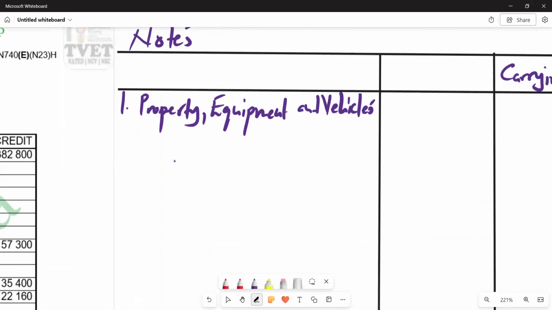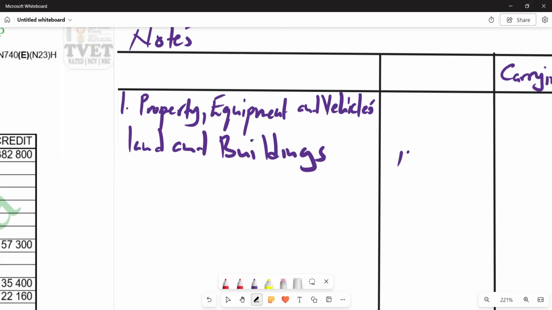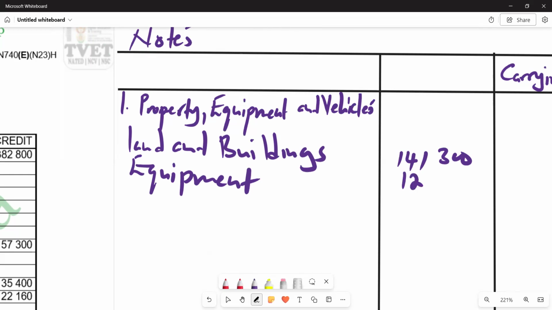I believe for this description we are just going to start with our land and buildings. For our land and buildings, we are going to list the amount that we have, which is 141,300, and then I believe that we have got our equipment with an amount of 123,550.